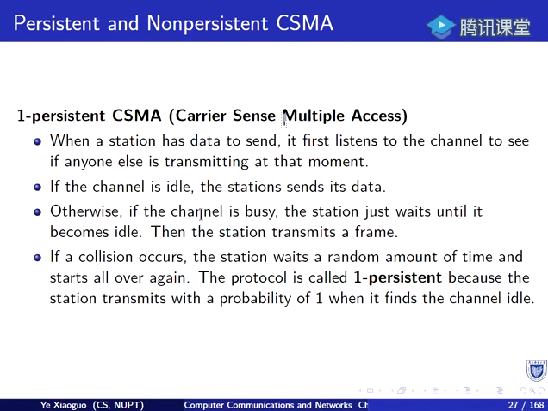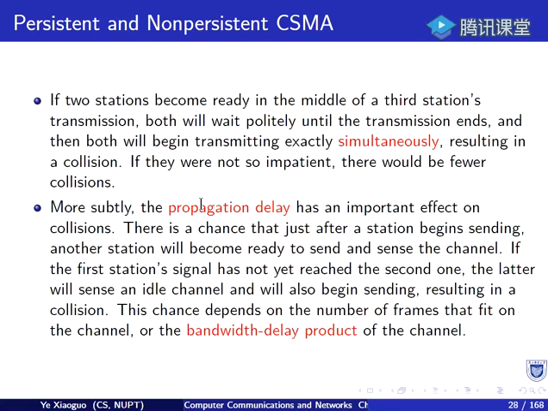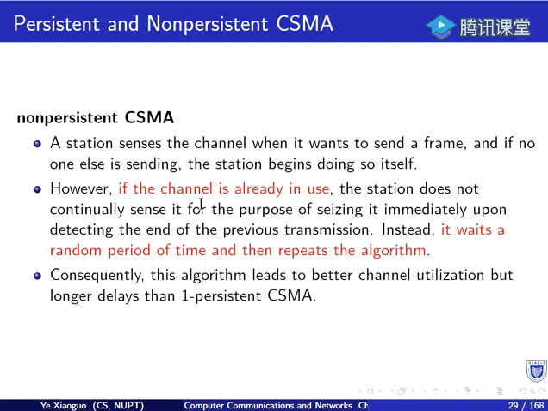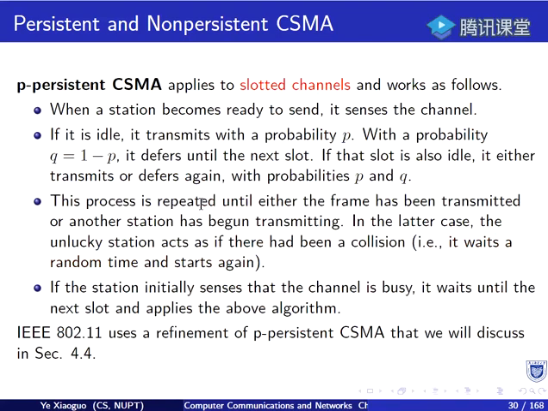That means with a half probability transmit and with the other half probability not transmit. That is p-persistent. Non-persistent is different from p-persistent, right?